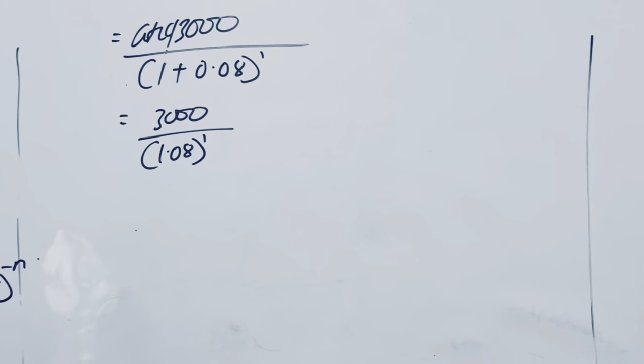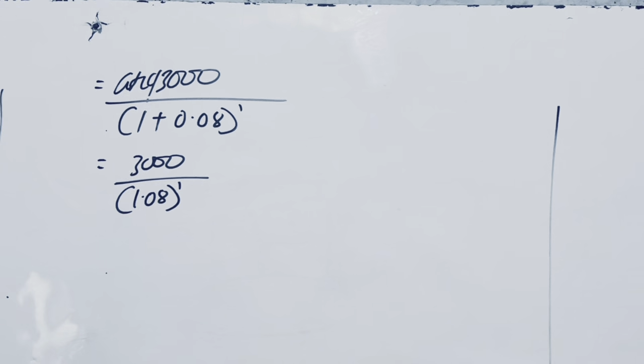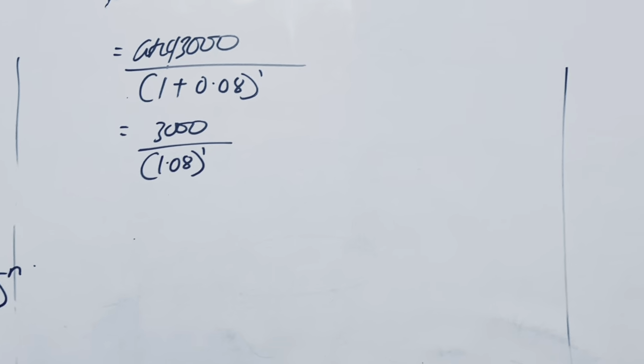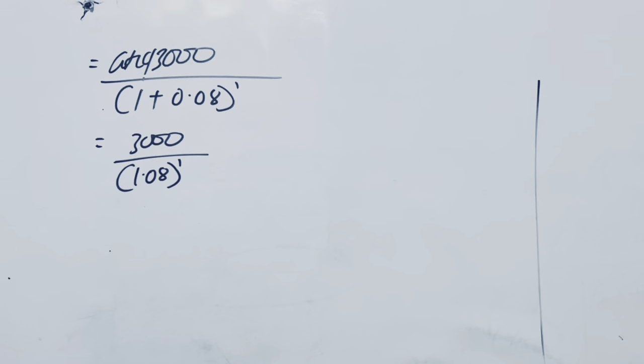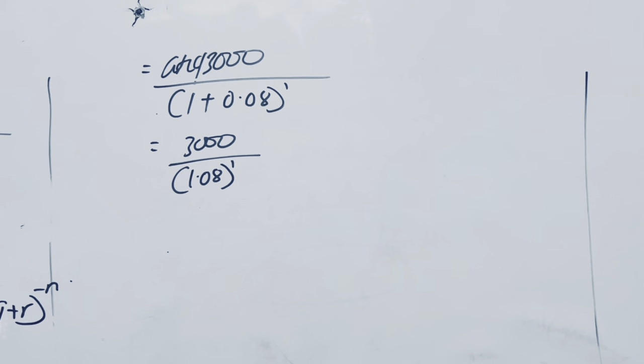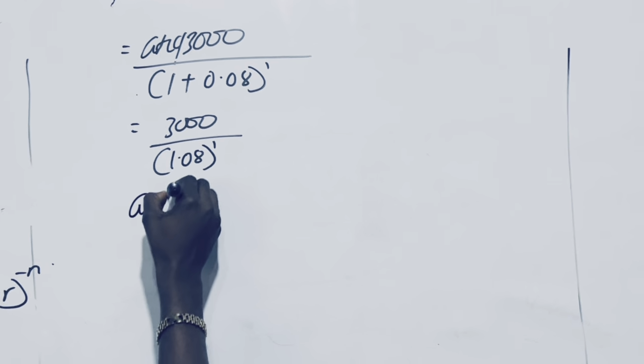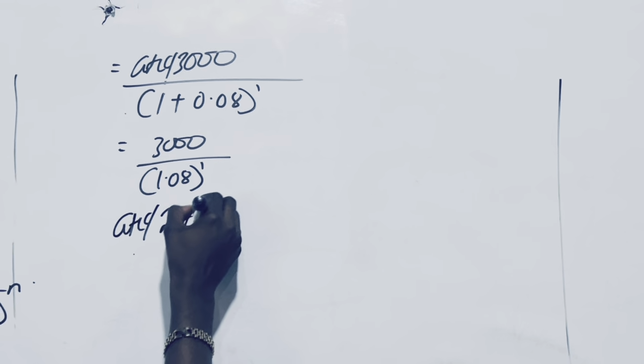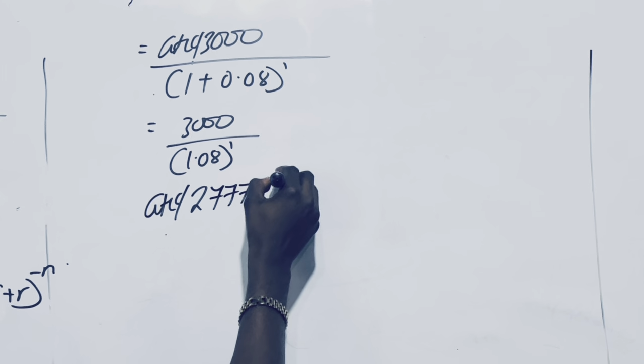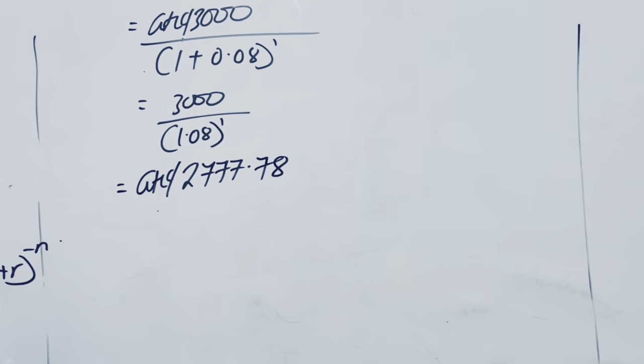So what do we have here? 3,000 divided by 1.08. And that will give us 2,777.78. What does it mean?